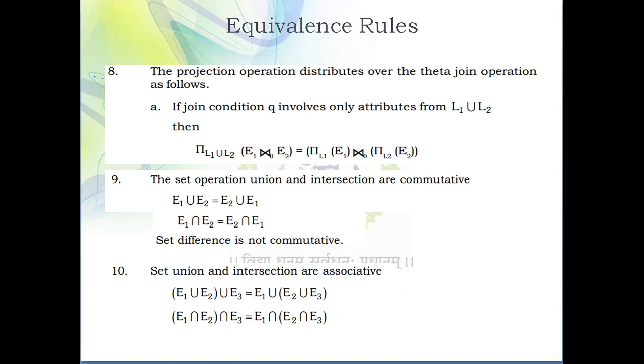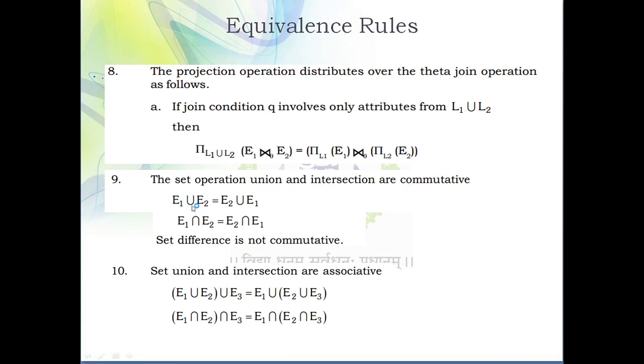Then projection operation distributes over theta join operation as follows. If join condition Q involves only attributes from L1 union L2, then you obtain this expression. Then rule number 9: set operations union and intersection are commutative.